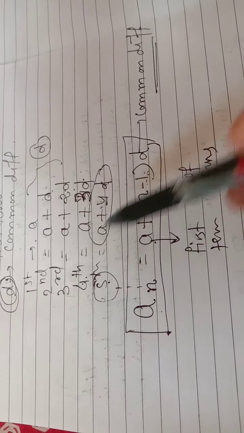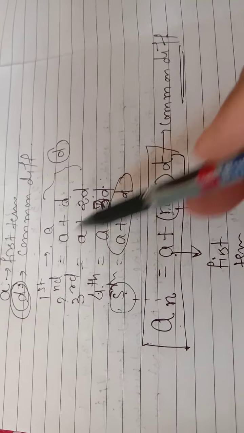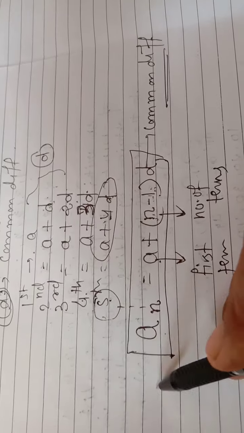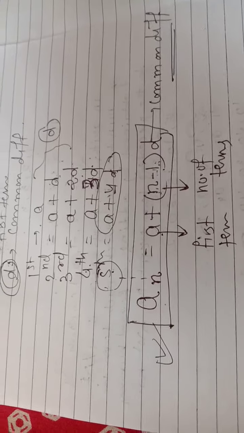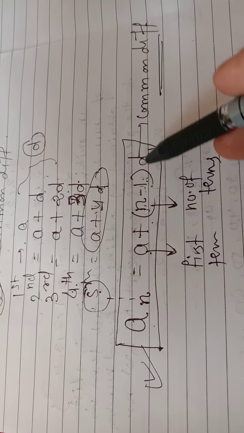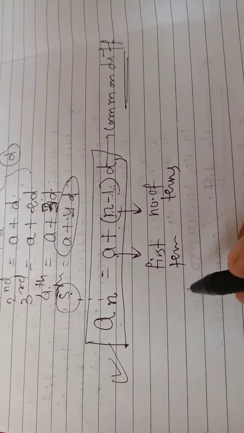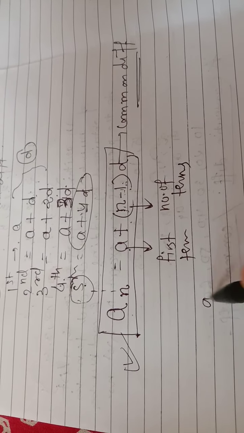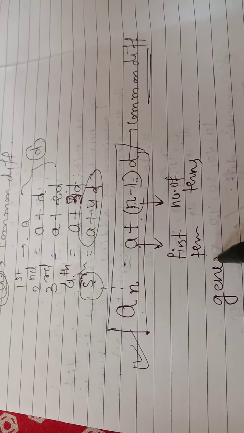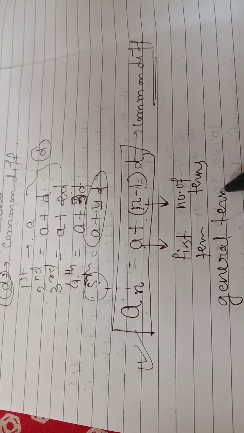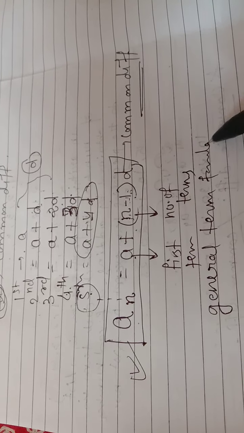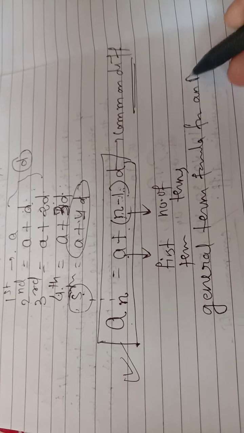The fourth is 4 minus 1, 3D. This way you find the n terms. So the formula An is equal to A plus n minus 1 into D is called the general term formula for an AP.